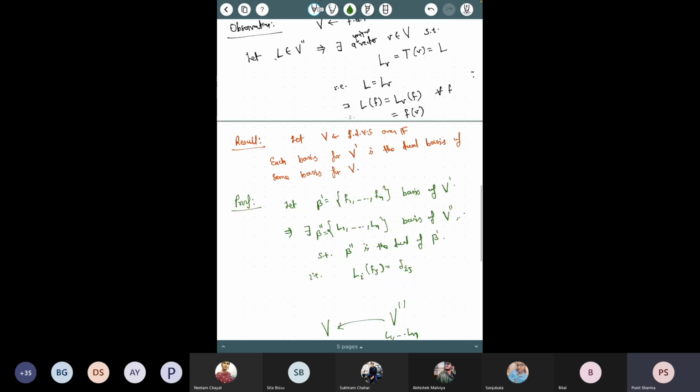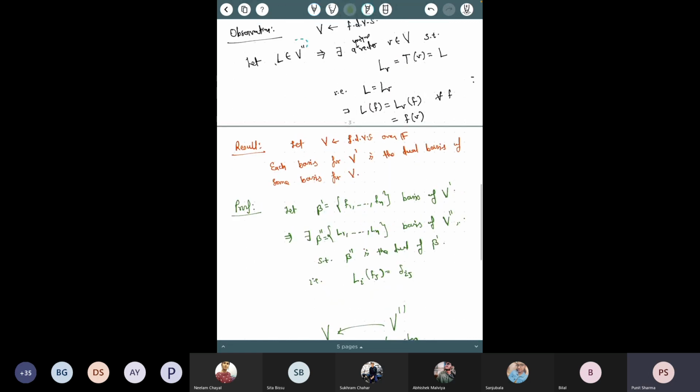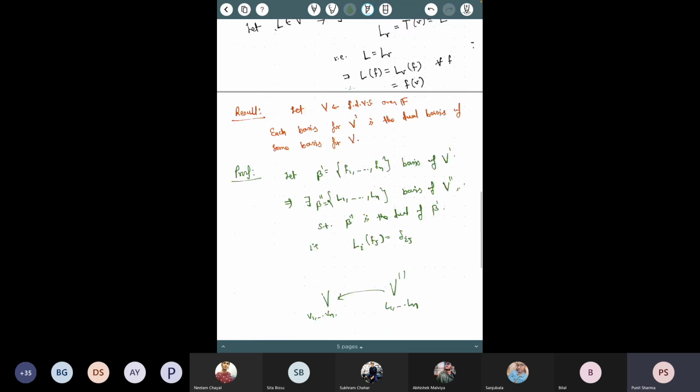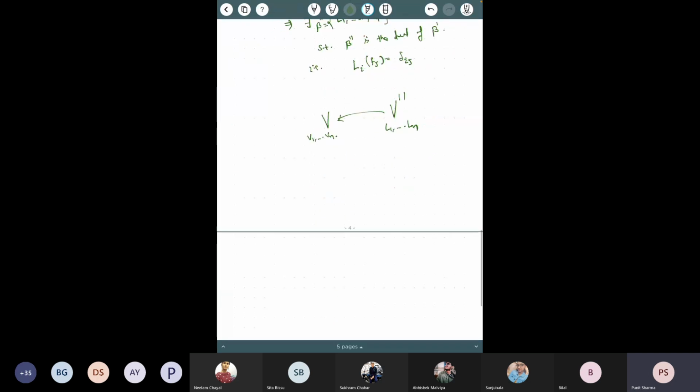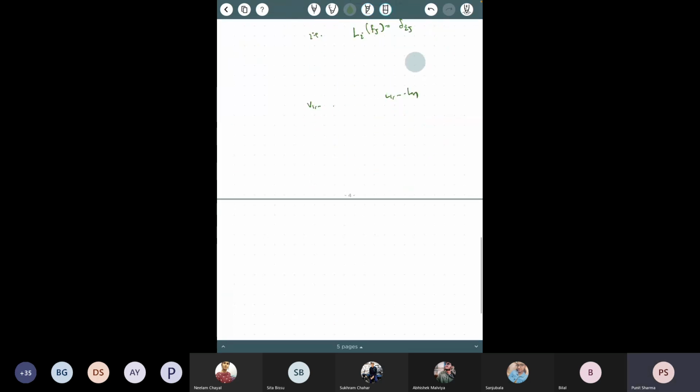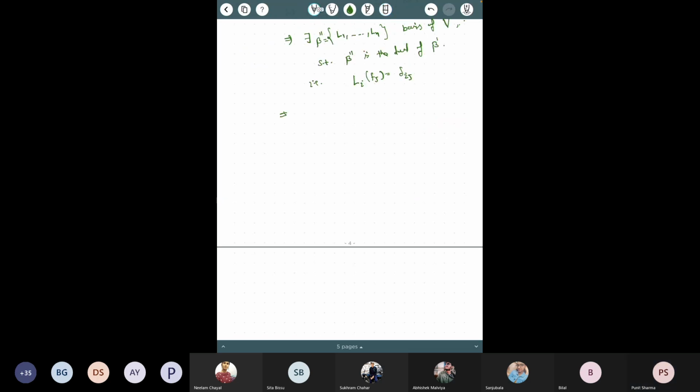If you look at this observation, for every L in V double dash, I can find a unique V such that L is equal to L subscript V, right? So here for L1 to Ln, there exist unique vectors V1 to Vn such that Li is equal to L subscript Vi, right? So I'll just use this isomorphism. So this implies that there exist vectors, let's say V1 to Vn.